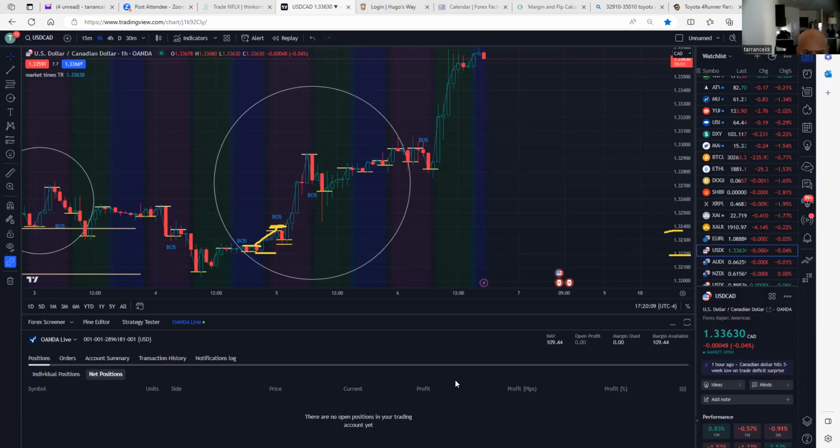So then we move on to the next one, if we're talking about just this range itself. But look at this, here's a break of structure, here's a high point. So now if we say that this is a range, see how price came into a discount? It came deep into the discount, right?